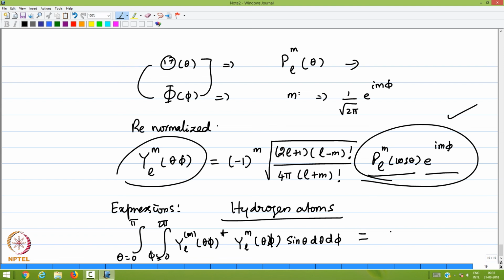This should be chosen to be 1, and this ensures that the wave functions for the hydrogen atom are independently normalized for the angular part, and likewise for the radial part, where the radial equation is solved.